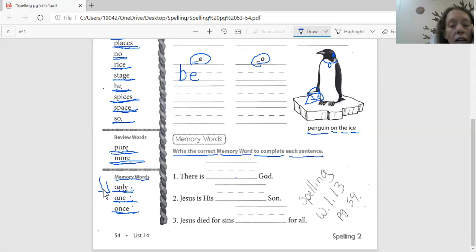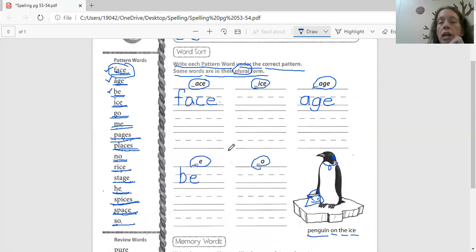And if you think Jesus died for sins once for all, write that in there. Okay? Very good. Now, go back up and make sure you've finished all of this, and make sure that your words are spelled correctly, because if you don't spell them right, I can't count it as a right answer. And I know you can spell them because you can see them right here.